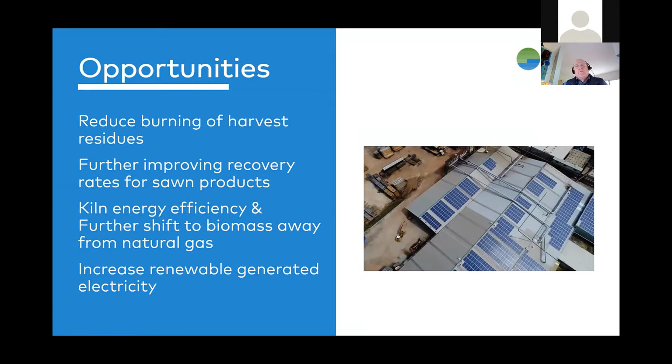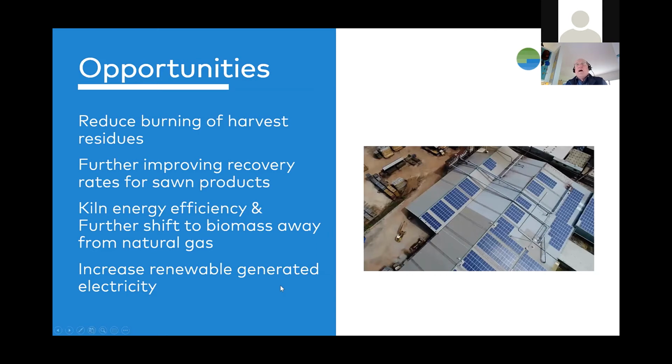A lot of manufacturers these days are using finger jointing or cross-laminating processes to get more recovery from the log itself, so there's less residues produced. Driving further kiln drying efficiencies and moving from natural gas to biomass.